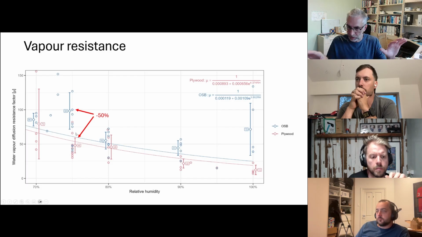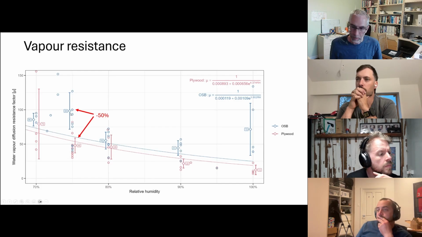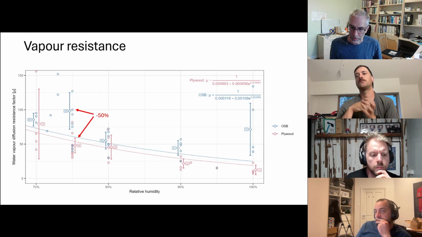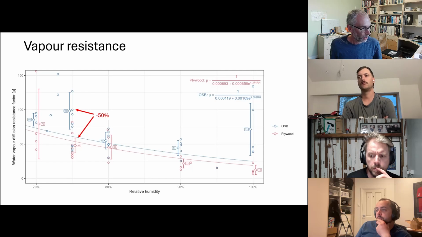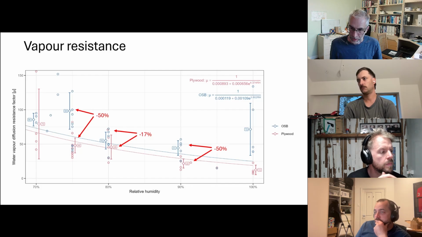Now, one has to just draw a line through this data because it's experimental data. You always get scatter. But if we arbitrarily pick 75% relative humidity and we look at all our samples there, generally speaking, on average, our OSB samples have twice the vapor resistance of our Ply samples. And similarly, at 80% relative humidity, same trend, different magnitude, and at 90% relative humidity.